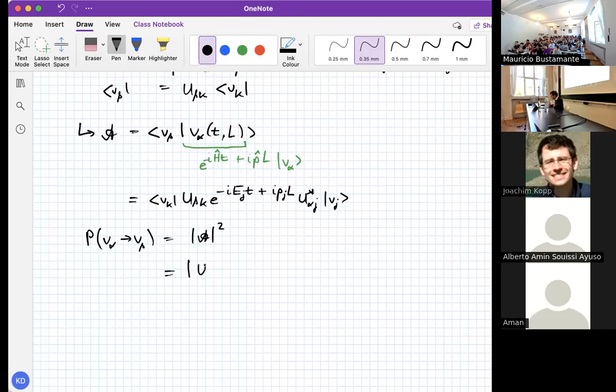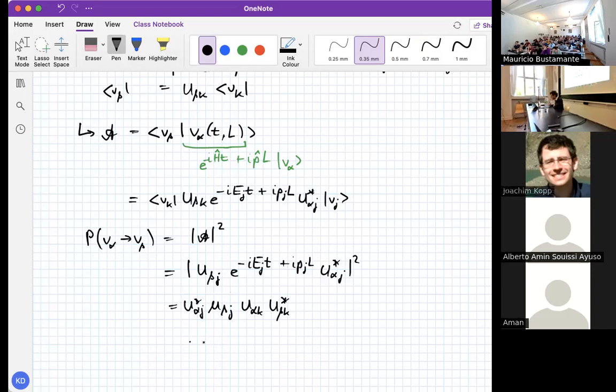So I can just write this as u beta j times e to the minus i E_j t plus i p_j L times u alpha j star. And the sum over j is again implied. We now evaluate the square. So what we end up with now there is 4 mixing matrix elements: u alpha j, u beta j, u alpha k, u beta k star.